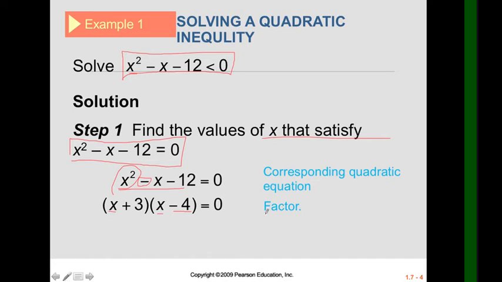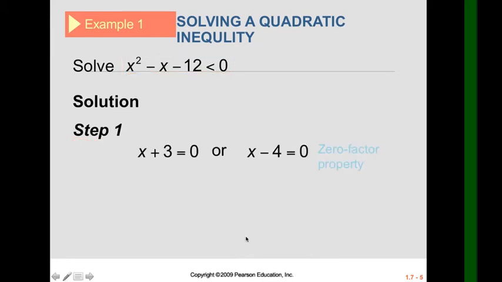So, we already factored this one, and now we get the zero factor property. How do we get the zero factor property? First, we take x plus 3, so x plus 3 equals 0. And for x minus 4, we have x minus 4 equals 0.